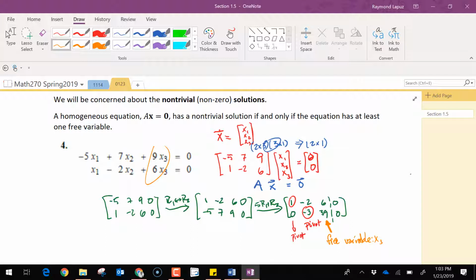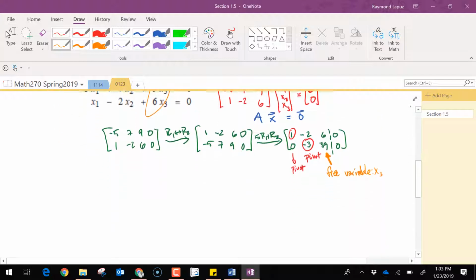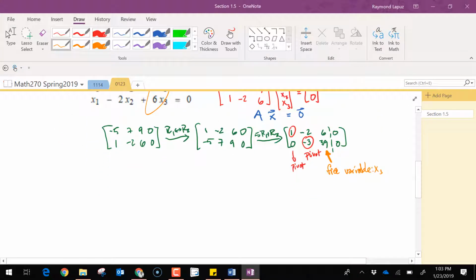It means when we're trying to find solutions for this, we can let x3 be whatever we want. Let it equal 17, -2, 1/2, whatever we want. And then we're going to get a solution here for sure. So when we do have a free variable, we have a solution.